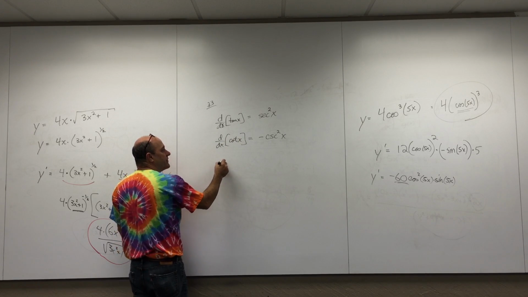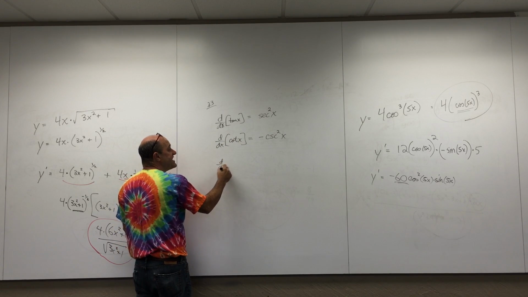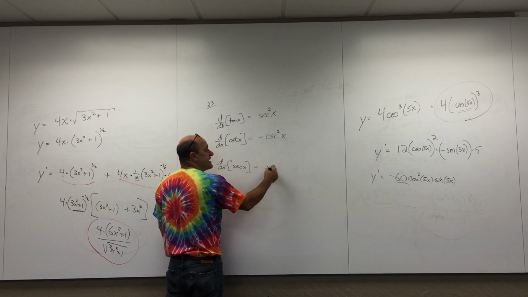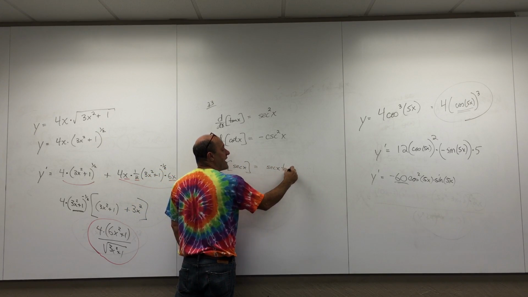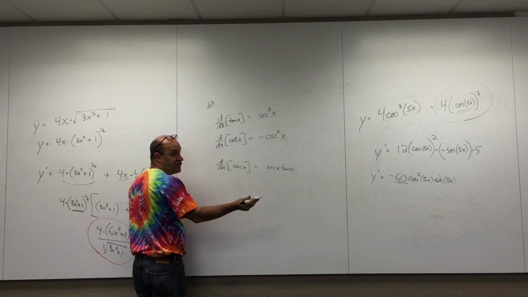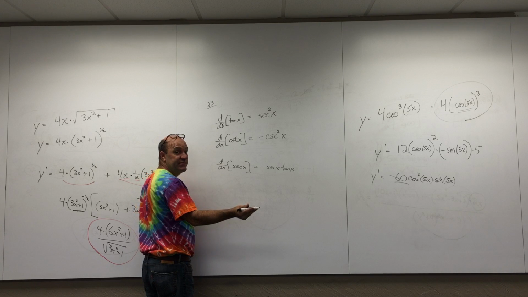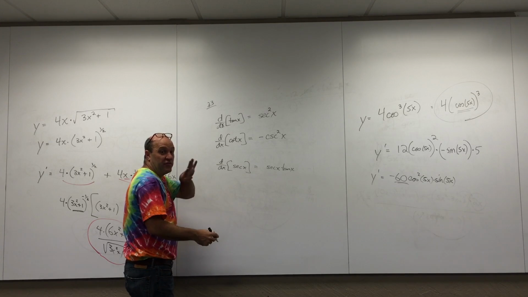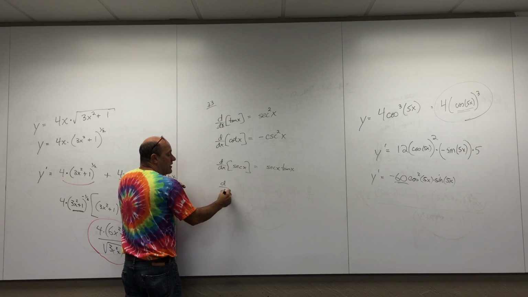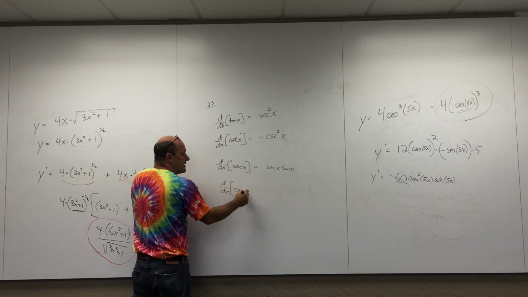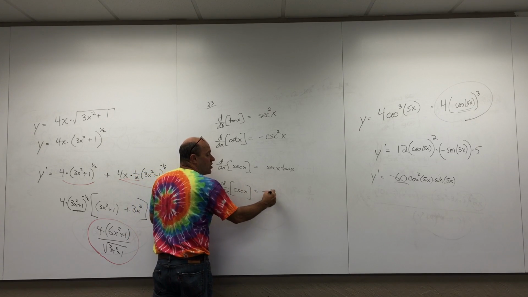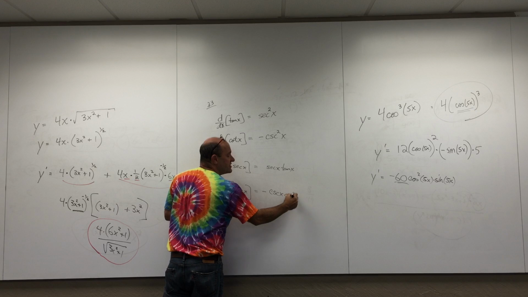Let me show you the other two. The other two are the derivative of secant. The derivative of secant of x is secant of x times tangent of x. It's true. There's 4 other trig functions: tangent, cotangent, secant, and now here comes cosecant. The derivative of cosecant is negative cosecant x cotangent x.